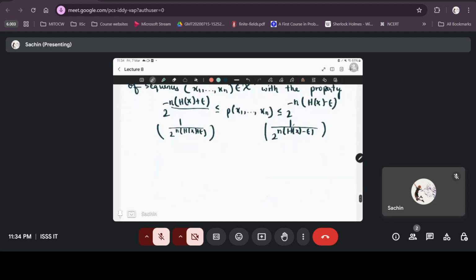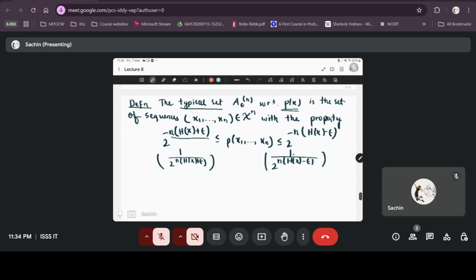So we define a typical set in this way. That is, it is the set of all sequences which have a probability within these two bounds.